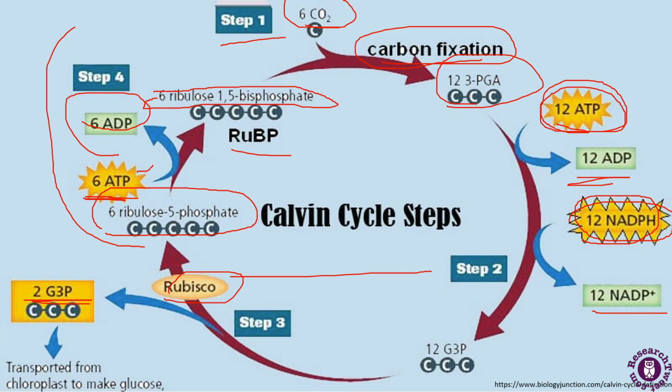If we have to write one equation on this, we will write 3 CO2 molecules plus 6 NADPH molecules plus 9 ATP will give rise to G3P plus 6 NADP plus ions and 9 ADP molecules. So this is about the Calvin cycle.